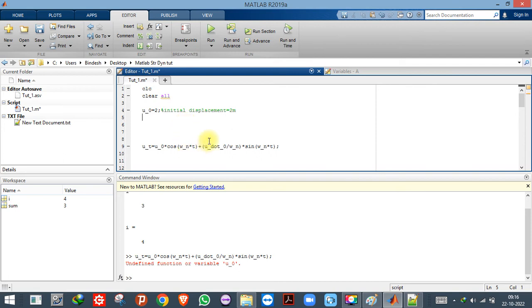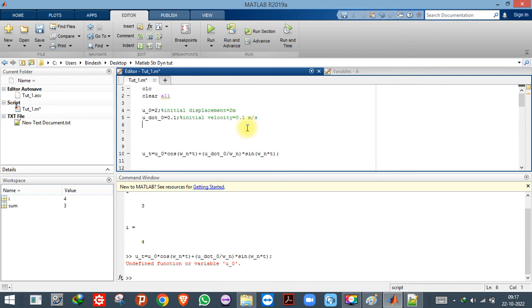And u dot 0, I'll simply copy this. U dot 0 is let's say 0.1. So what will it be? Initial velocity. It will be 0.1 meter per second.